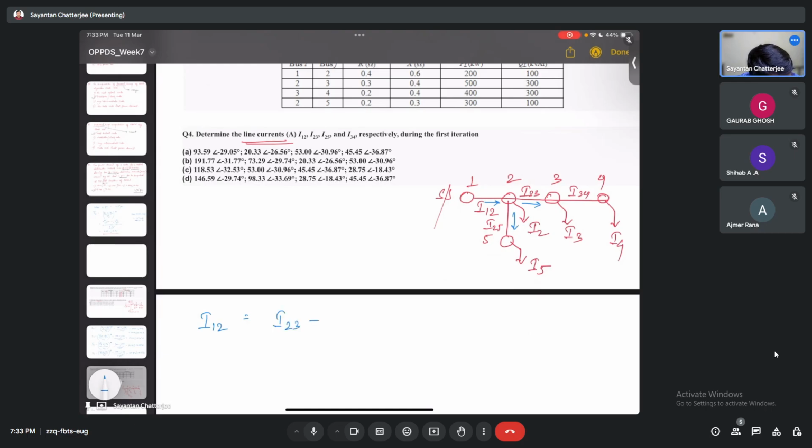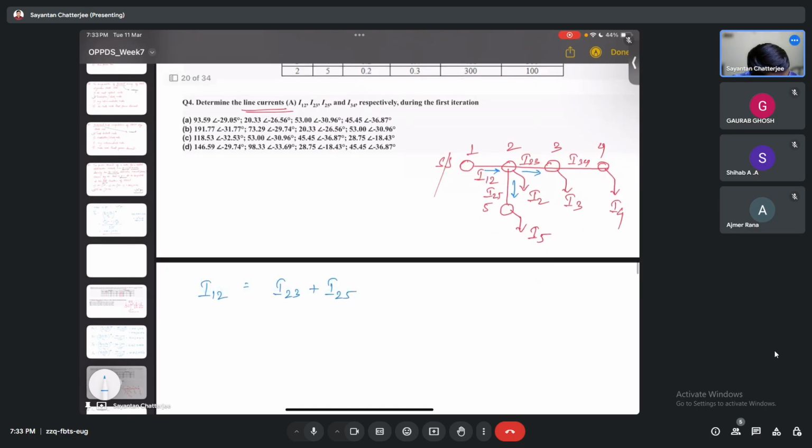I23 and I25. And now, I25 will be which one? Only I5. Yes, only I5.